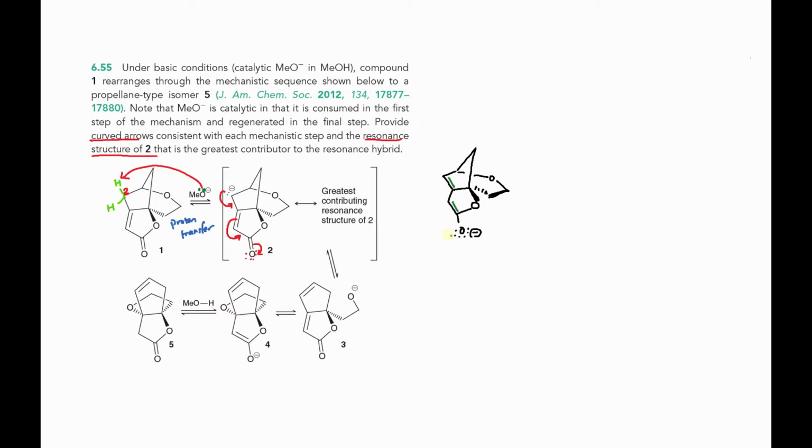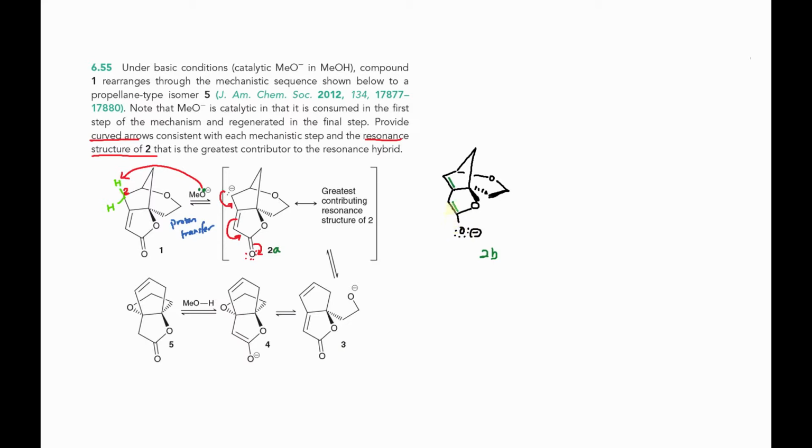Now you might ask, how do we go from this structure, which is a resonance structure of compound 2, to compound 3? So what's the difference between compound 2, I'll call this 2A and this 2B, from 2B to 3? Well, it's again forming that double bond between carbon and oxygen at the bottom.